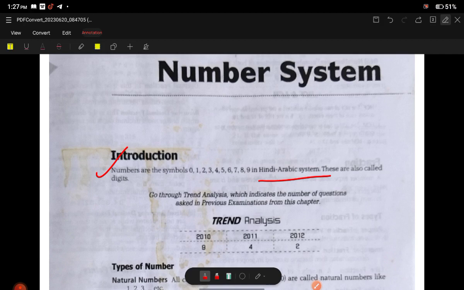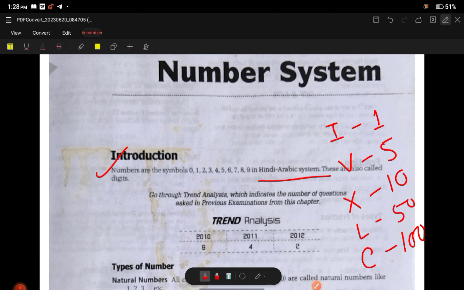To represent 1 they use I, to represent 5 they use V, to represent 10 they use X, to represent 50 they use L. Then you will get C for 100, D for 500 and M for 1000.